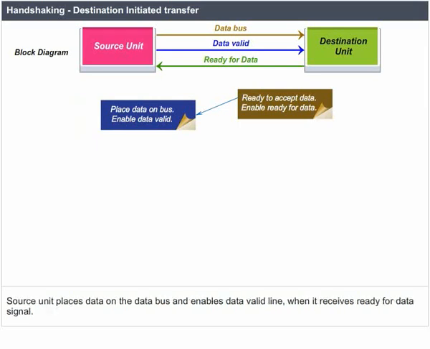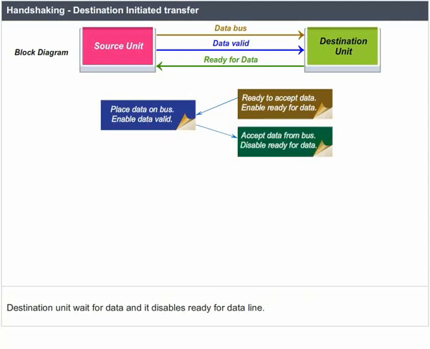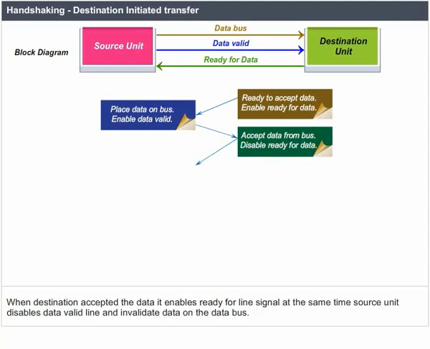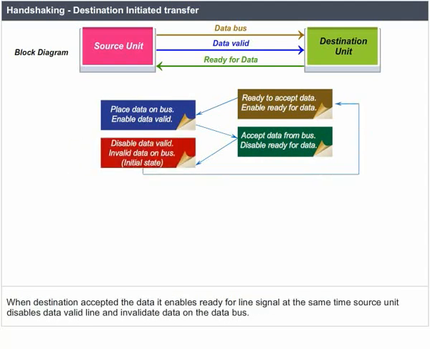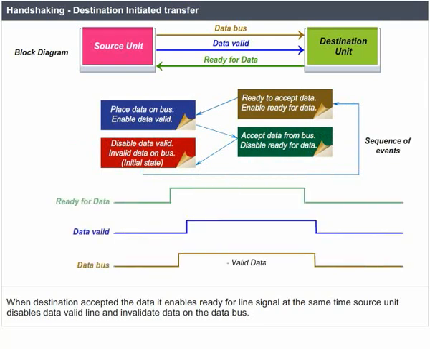The source unit places data on the data bus and enables the data valid line when it receives the ready for data signal. The destination unit waits for data and disables the ready for data line. When the destination accepts the data, it enables the ready for data line. At the same time, the source unit disables the data valid line and invalidates data on the data bus.